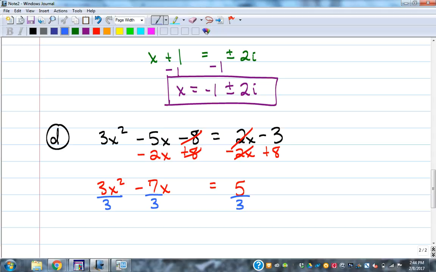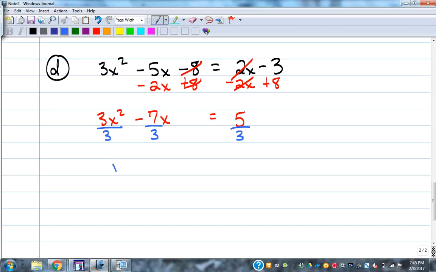So you can't put enough 3's there for it to be right. So we're going to leave them as fractions. So this side is going to be x squared minus 7/3 x equals 5 over 3. We're just going to leave it as fractions, and that's okay. Now, got rid of the number in front of x squared.